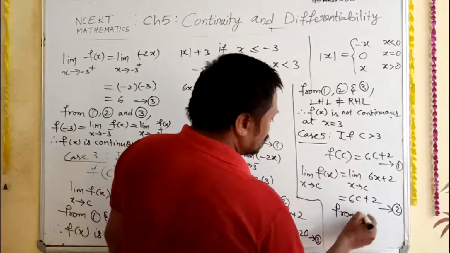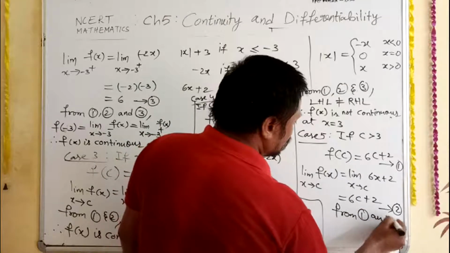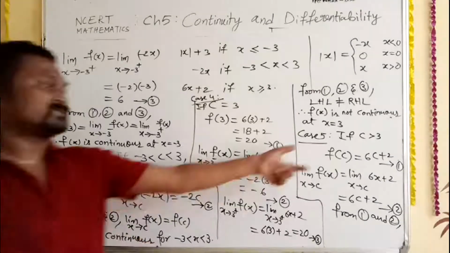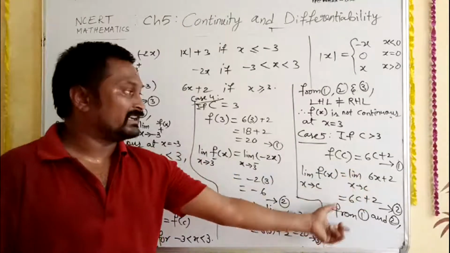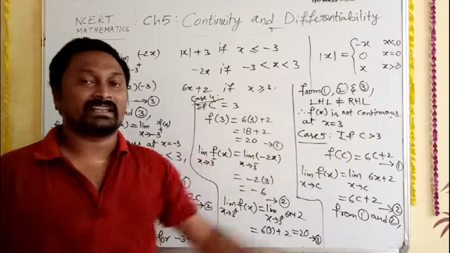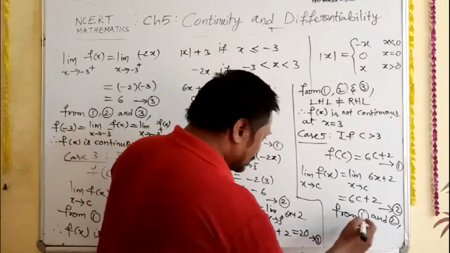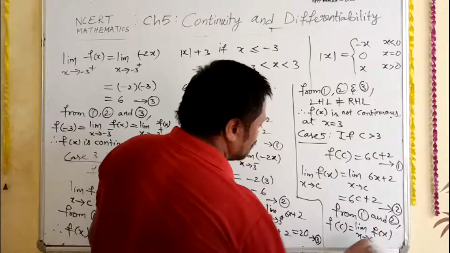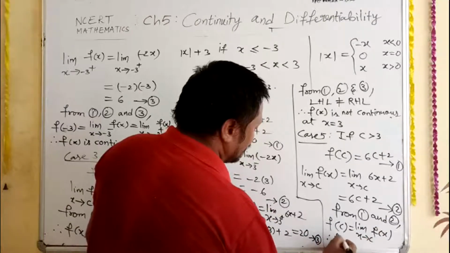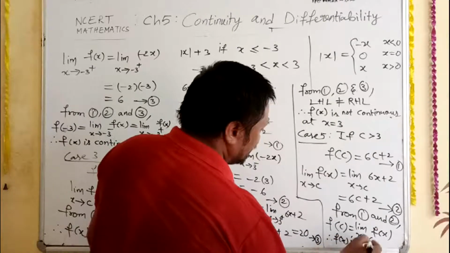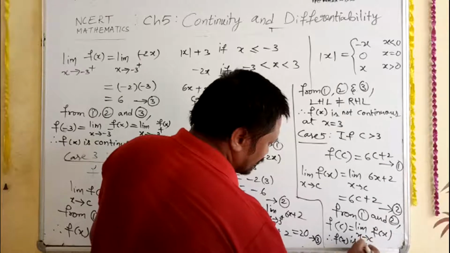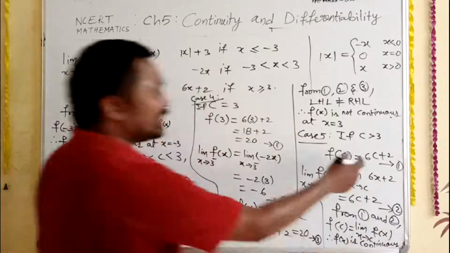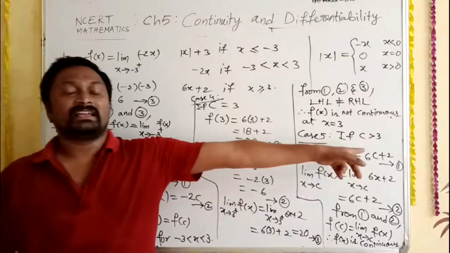So from 1 and 2, these both are equal, so it is continuous for c greater than 3. Therefore, f of x is continuous for all real numbers greater than 3.